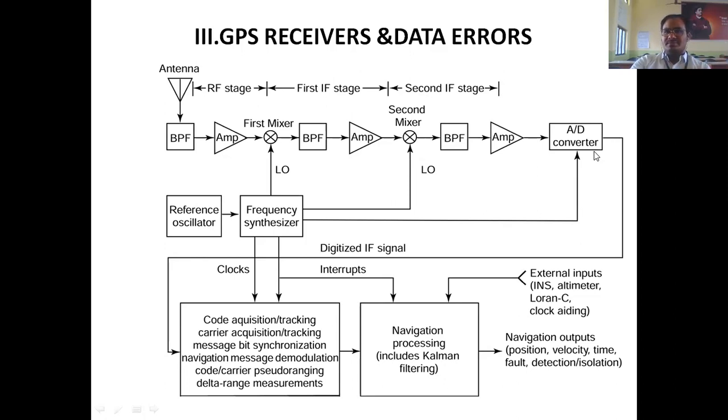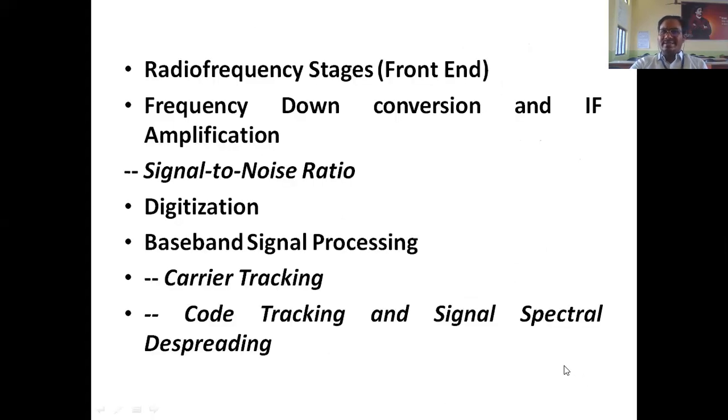The GPS receiver will accept that signal, and the various components of the GPS signal message required for the navigation process will all be received by the receiver, and it will process them, and finally it will give the navigation outputs. That is position, velocity, time, and fault detection and isolation of the object.